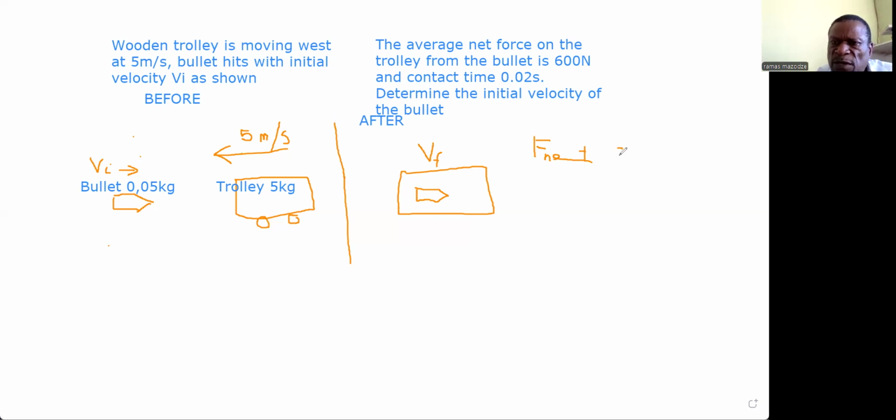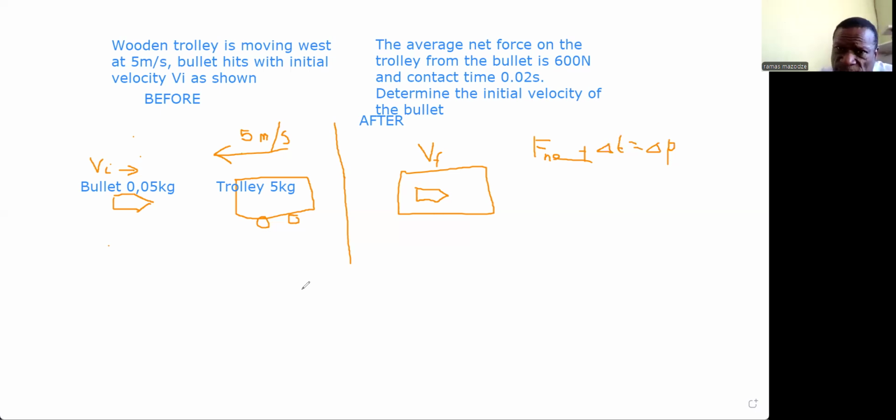Which means you can equally use the impulse formula: F net times delta t is equal to the change in momentum, delta P, which is mVF minus mVI. But when we are using this equation, we're not doing it for both objects at the same time. We take one object at a time.